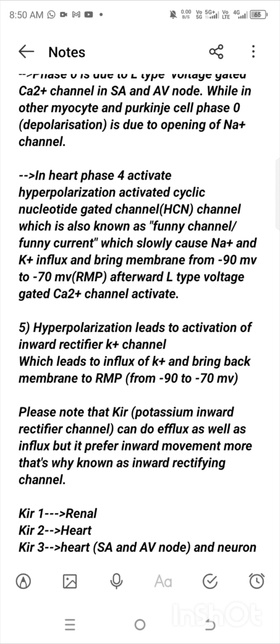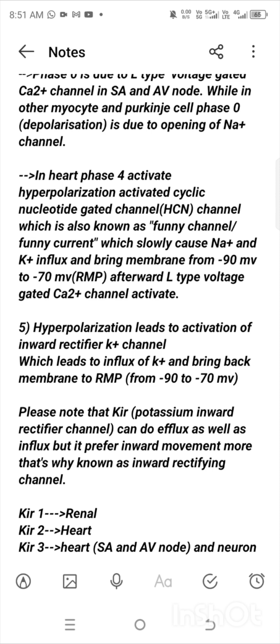Hyperpolarization also leads to activation of the inward rectifier potassium channel, which leads to influx of potassium and brings the membrane potential back to the RMP state, from minus 90 millivolt hyperpolarized to minus 70 millivolt.